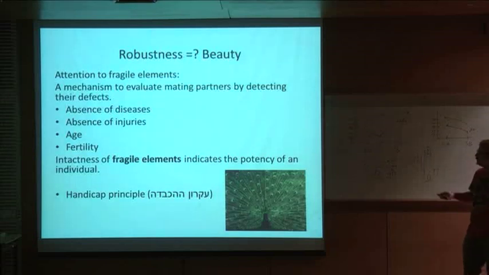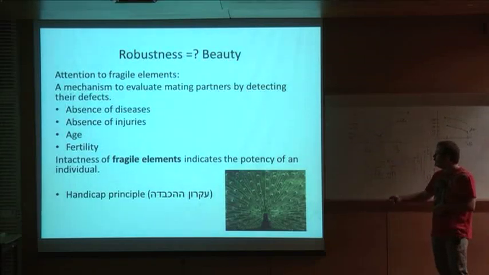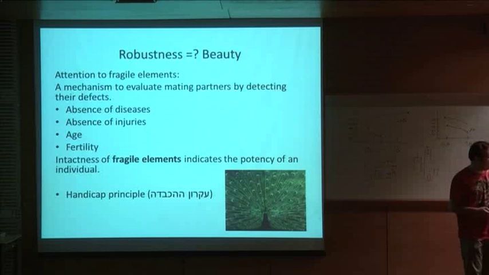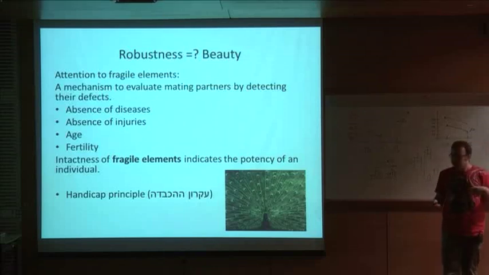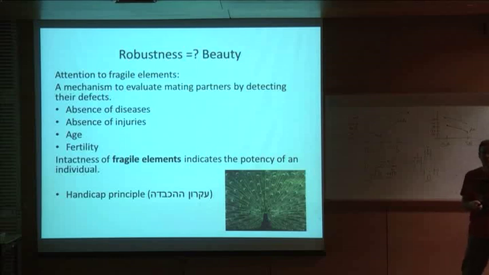Another idea that was around, not related to beauty per se, but it might explain why the peacock has such an amazing tail, is the handicap principle, proposed by the Israeli biologist Amos Zahavi, where he claims that such a tail, and there are other examples like the big horns in some animals, is really an evolutionarily negative thing, because it really handicaps the animal.